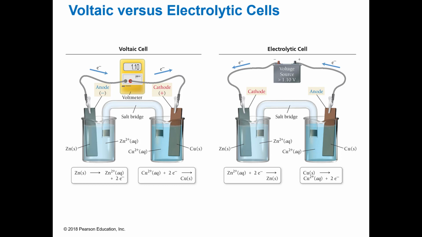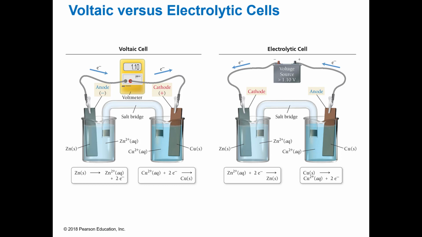And so now what I want you to remember, this is the most important part of this. When you make it an electrolytic cell, the anode becomes the cathode, and the cathode becomes the anode. All right? So look at the reactions. Copper solid now is being oxidized, and zinc 2 positive is now being reduced.